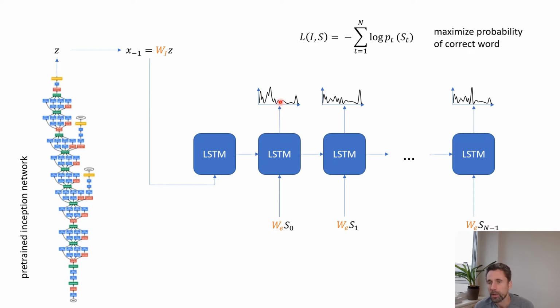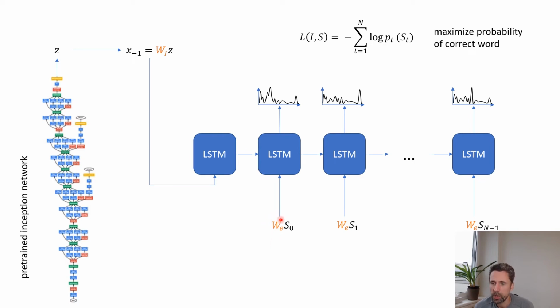We do that for all the words in that sequence. In training, we'll use the negative log likelihood as a loss function on these outputs, with a rollout that is as long as the sentence that we have.